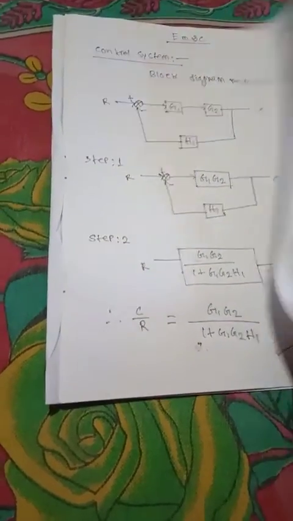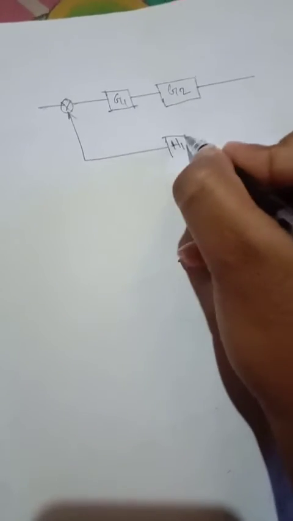We will take another example. There is a summing point, then another summing point, and the transfer functions G1 and G2 are connected in series. The feedback path has H1 as the feedback element.